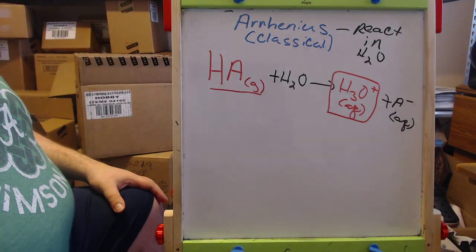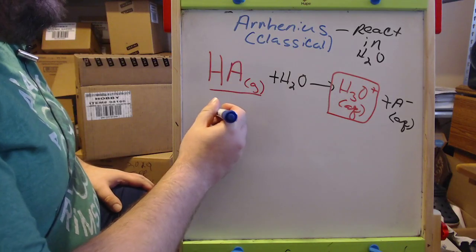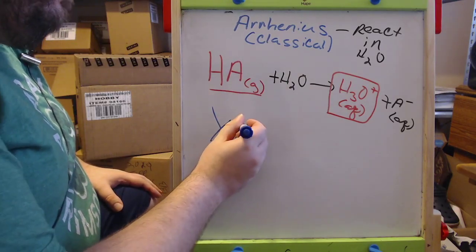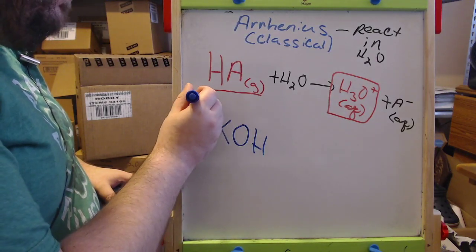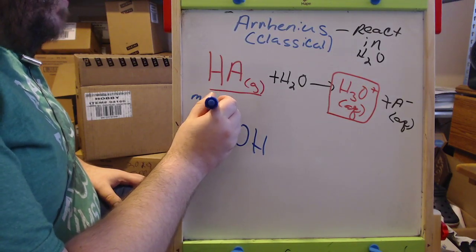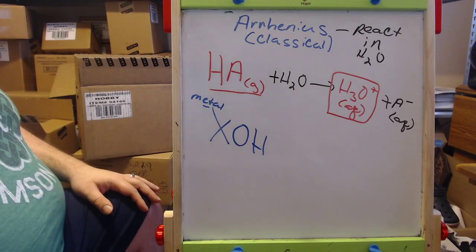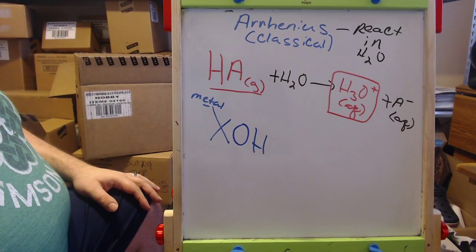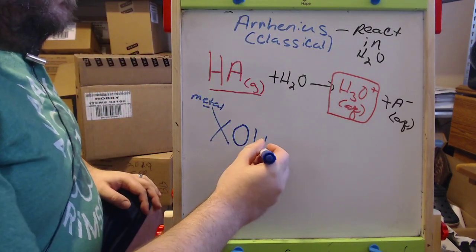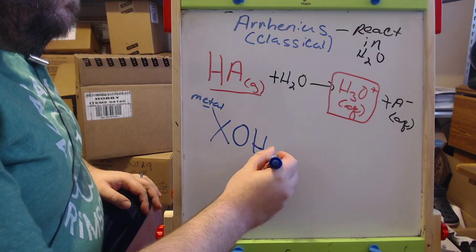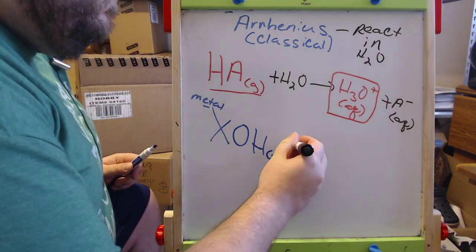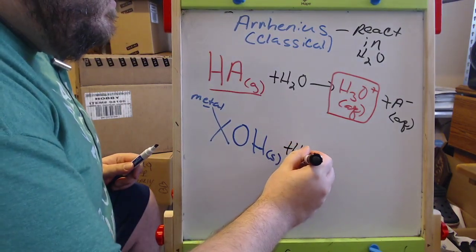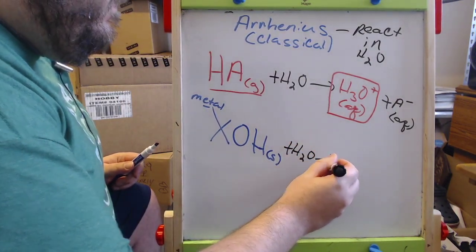The classical definition of a base, and here's the general form of a base, where X is some metal that makes the hydroxide soluble in water. We add the water since it's the classical definition.